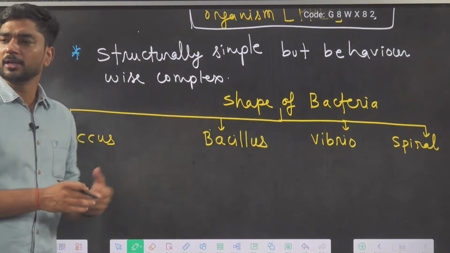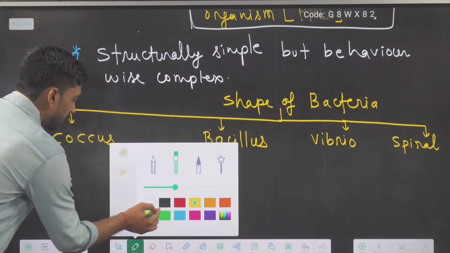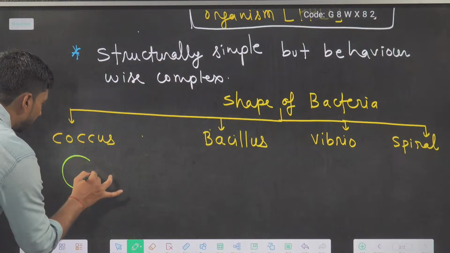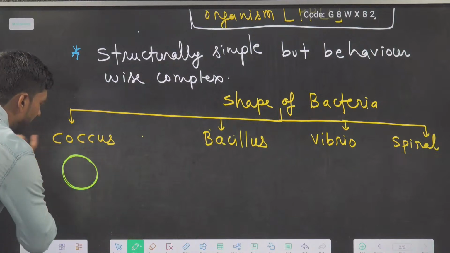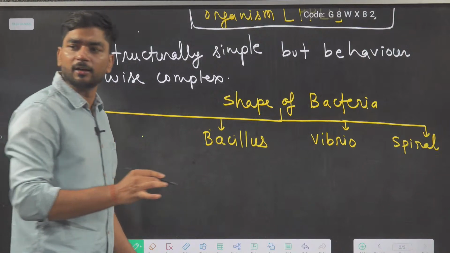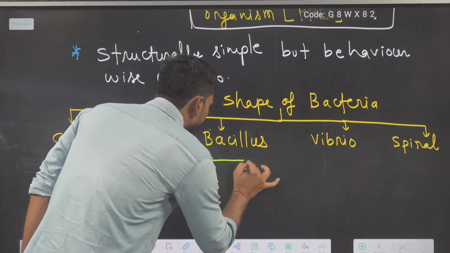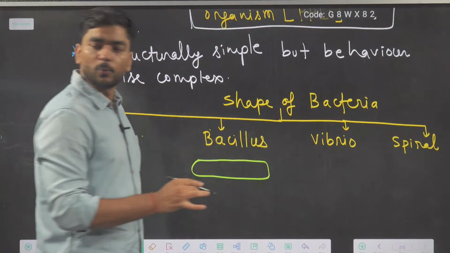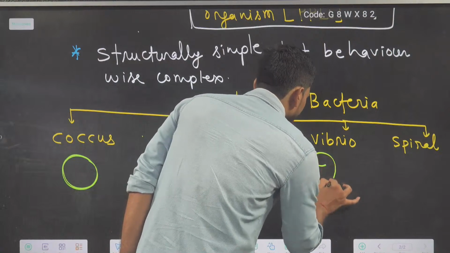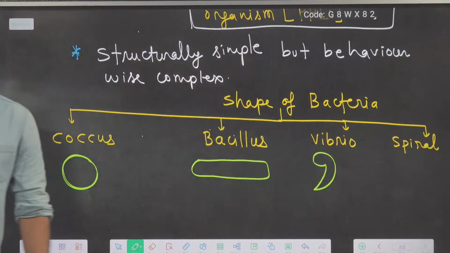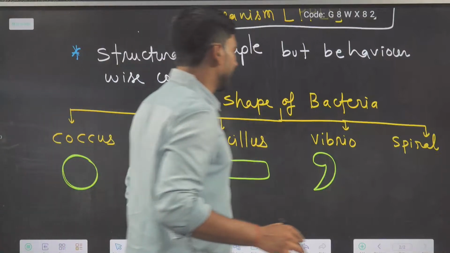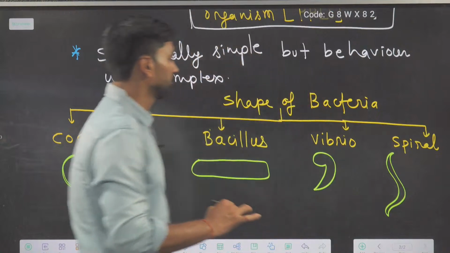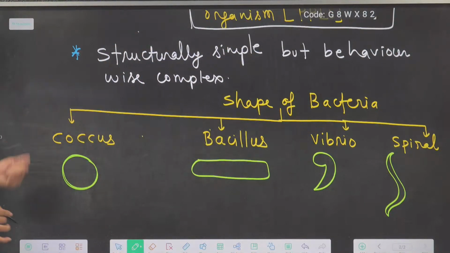Okay. So here, if you are properly seeing the shape of this, the coccus is normally spherical, while in this case, these are the bacillus, while in this case, it's a comma shaped. Next one is a spiral. Okay, so obviously each one is looking different from others.